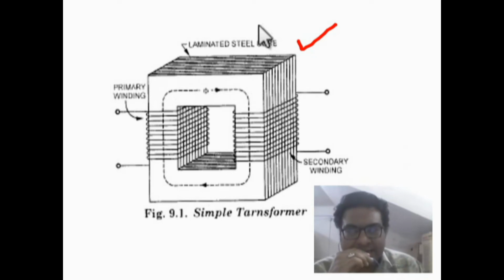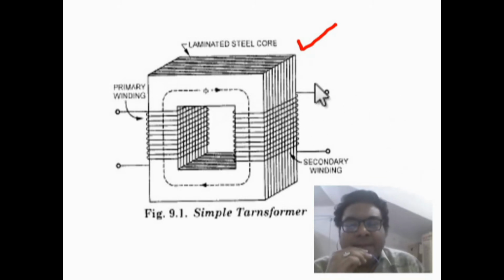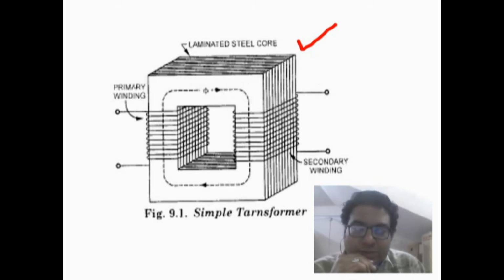These plates are cut into some millimeter thickness, and then these plates are joined. So all the stacks are joined through nut and bolt, and these are called laminated steel core. Basically the purpose of lamination is to reduce eddy current loss.